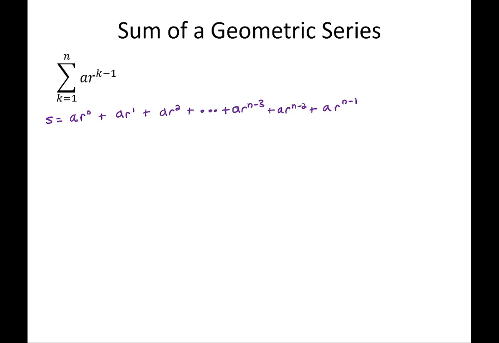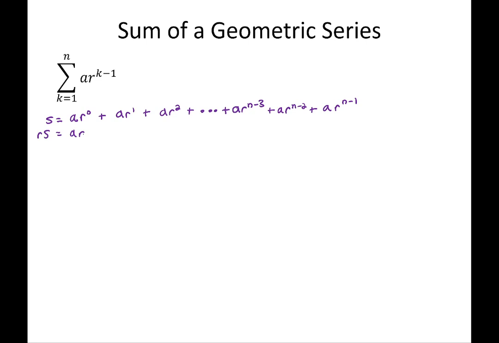Now, unlike the proof for the summation of the first n integers, I'm not going to prove the summation formula by reversing the order of the sum or changing the order of the sum in some way. Instead, I'm going to calculate, for reasons that are maybe hard to see right now, r times s. I'm going to take the s expression and multiply it by r.